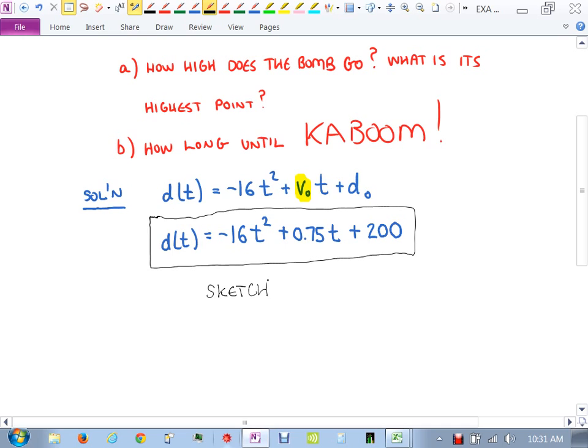Forget that there's even a bomb being dropped anymore. Just take that function and sketch it. Act like it was f of x equals negative 16x squared plus 0.75x plus 200. That means go through the 5-step process. 1, does it open up or down? 2, what's the vertex? Well, you'll have to use the formula for it.